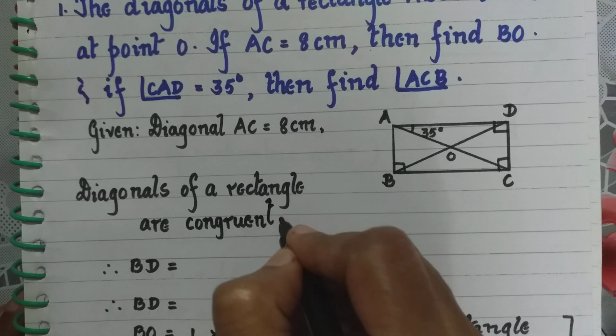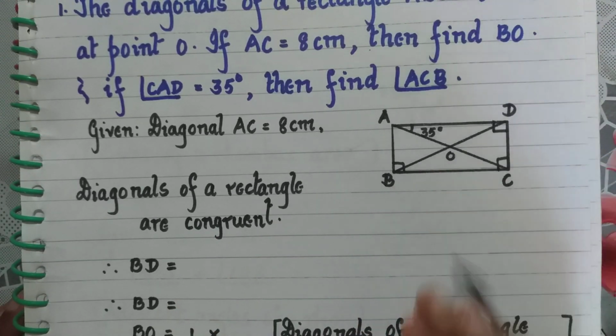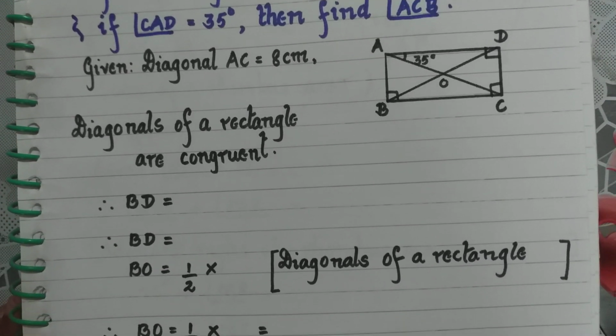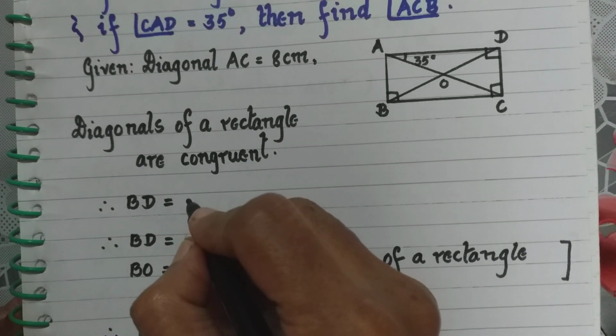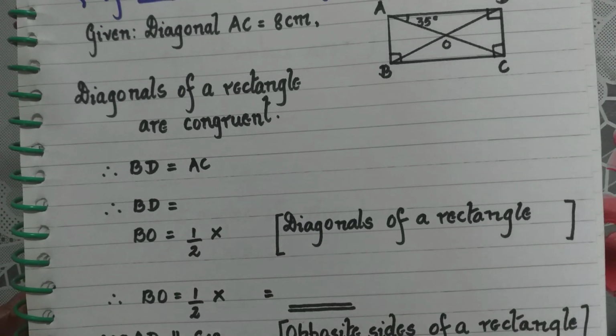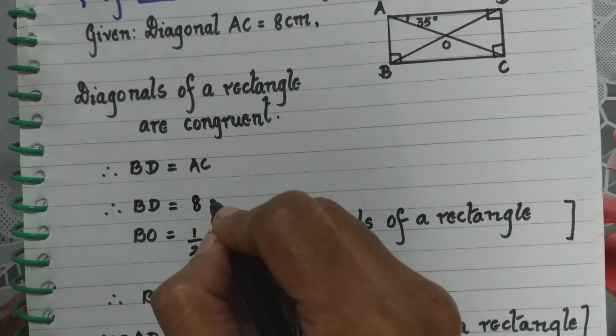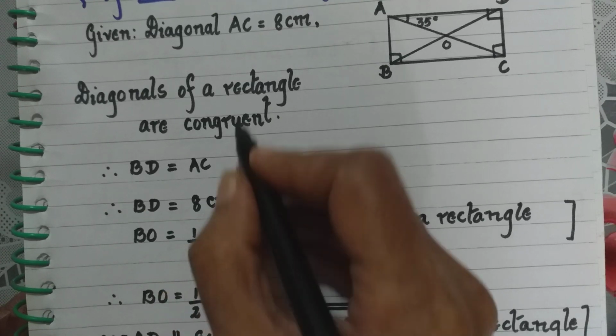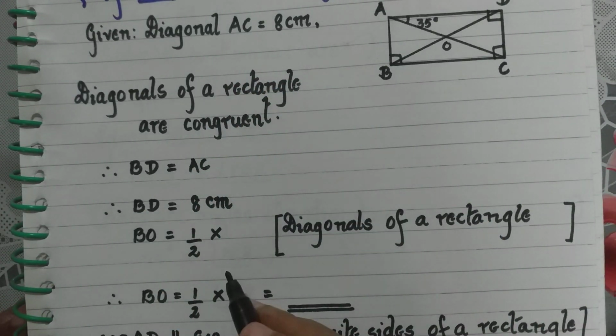So if they are congruent, then the other diagonal BD also is equal to AC. Therefore, BD also will be having the length 8 centimeter as diagonal AC.